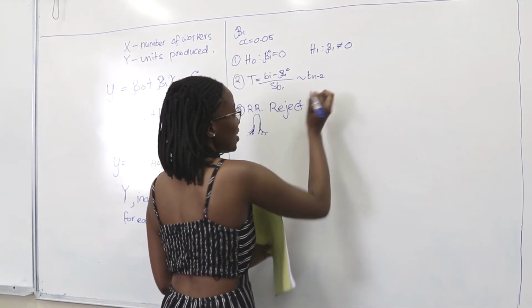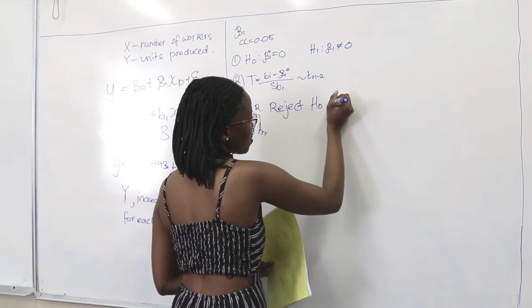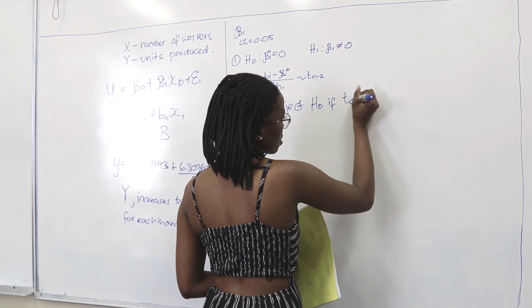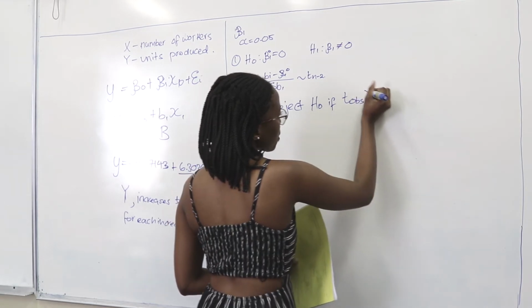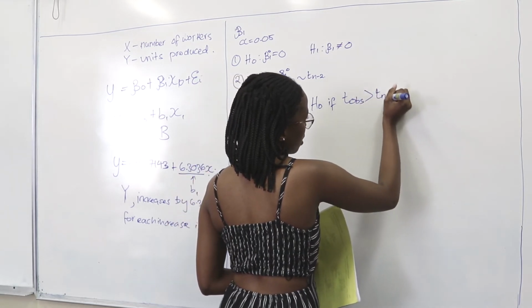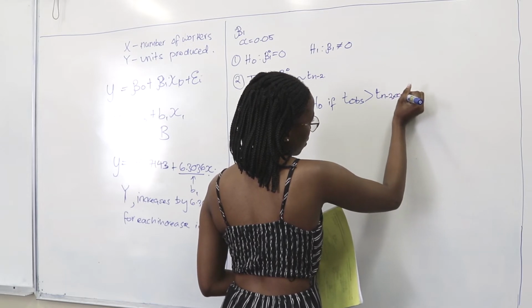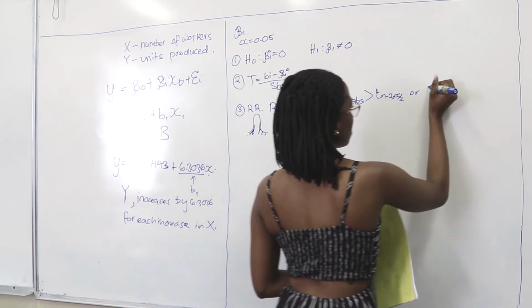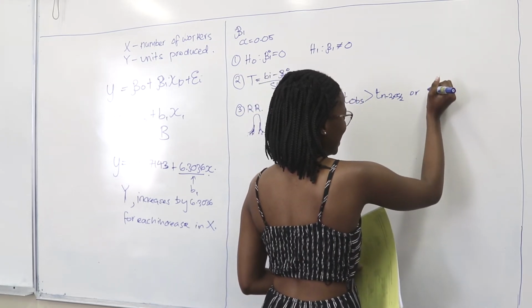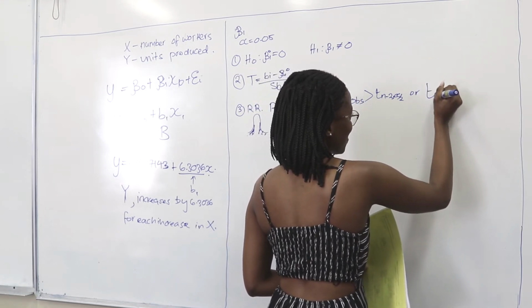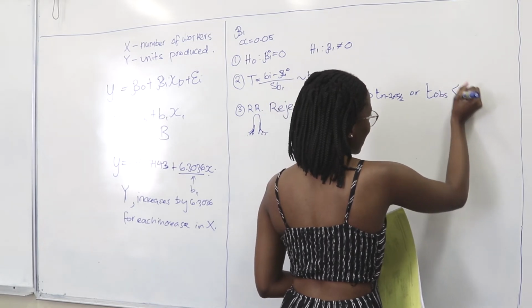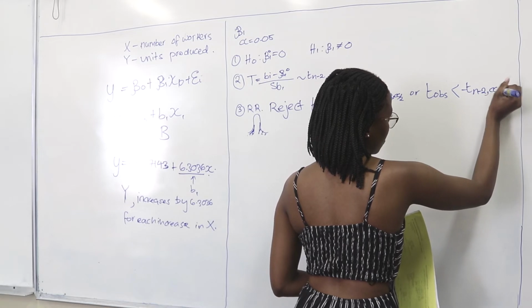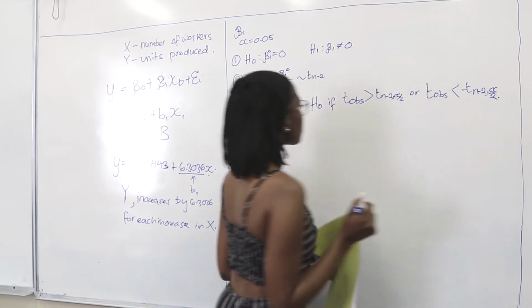We're going to reject H naught if T observed is greater than T n minus 2 of alpha over 2, or T observed is less than negative T n minus 2 of alpha over 2.